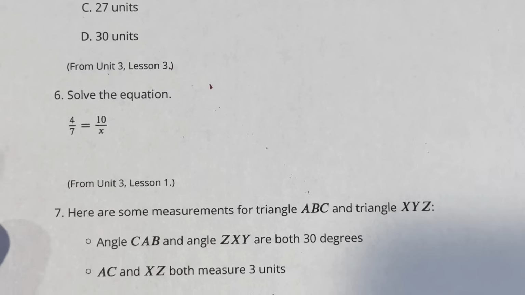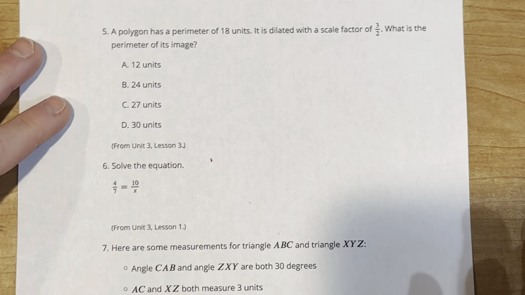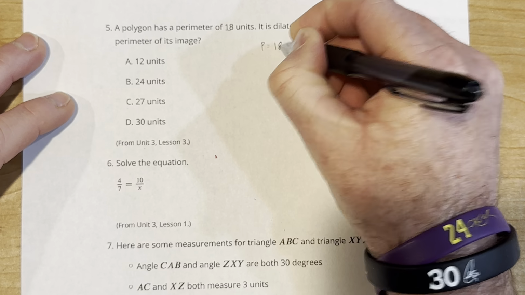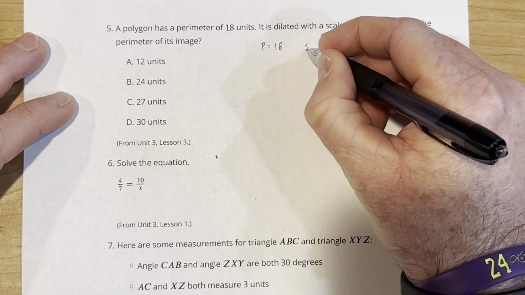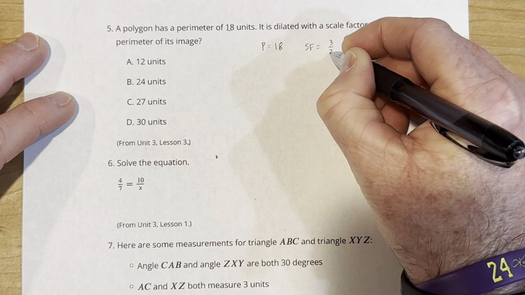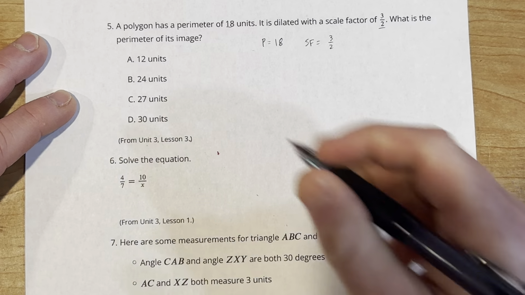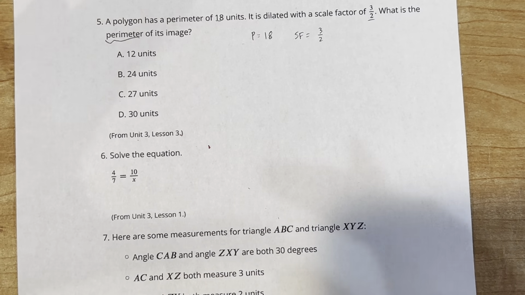All right, numero 5. Polygon has a perimeter of 18 units. So P equals 18. It's dilated with the scale factor of 3/2. So SF equals 3/2. What's the perimeter of its image? Well, perimeter is side lengths.